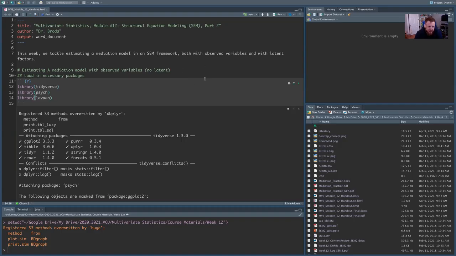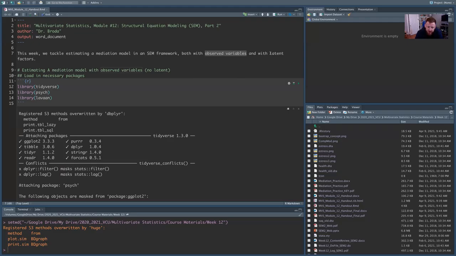And mediation, in many ways, is most easily estimated in a latent variable framework, or what's called a structural equation modeling framework. So we're going to look at two examples of a mediation model. One is going to be a mediation model with observed variables, so nothing is latent, and that's basically going to be a path analysis.